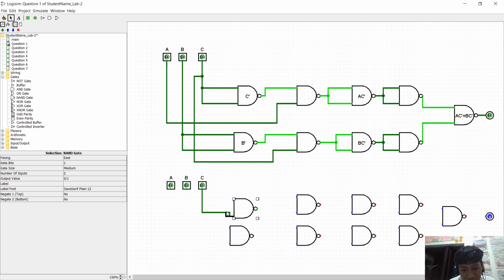I will be fixing this one, adjust it here.